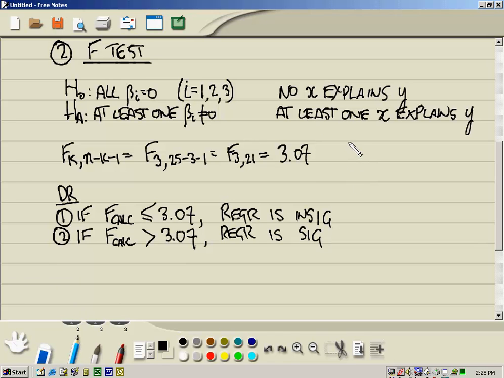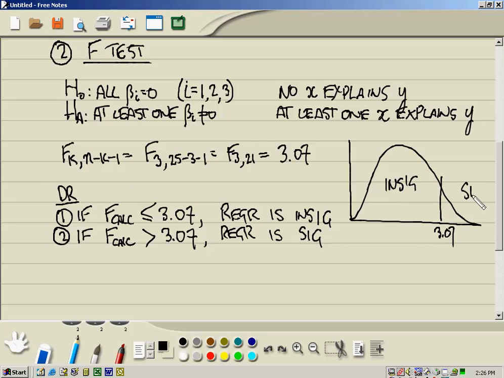And if you want to see the little representation of that, less than 3.07, the regression is insignificant, greater, significant.